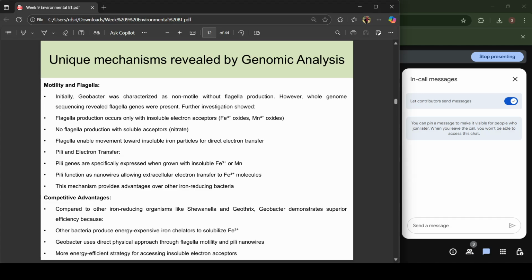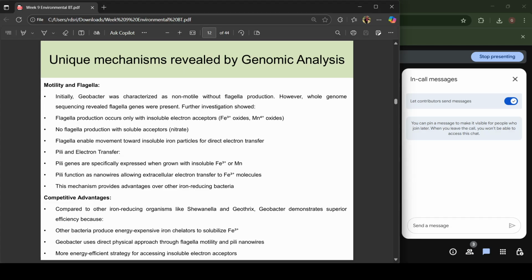This mechanism provides advantages over other iron-reducing bacteria. In anaerobic processes, electron transfer is a key mechanism, and microorganisms in such environments are also syntrophic, depending on each other for growth. Pili are not just cellular appendages, they can act as the medium for extracellular electron transfer.